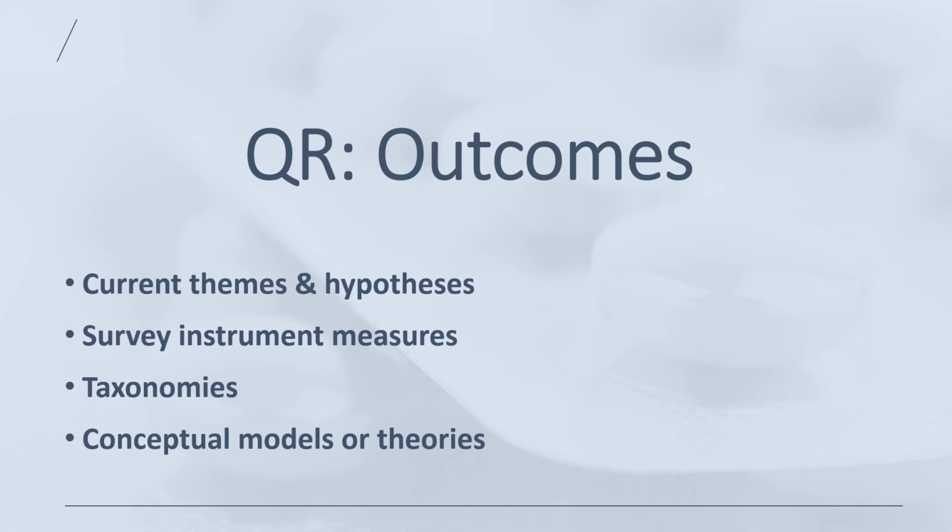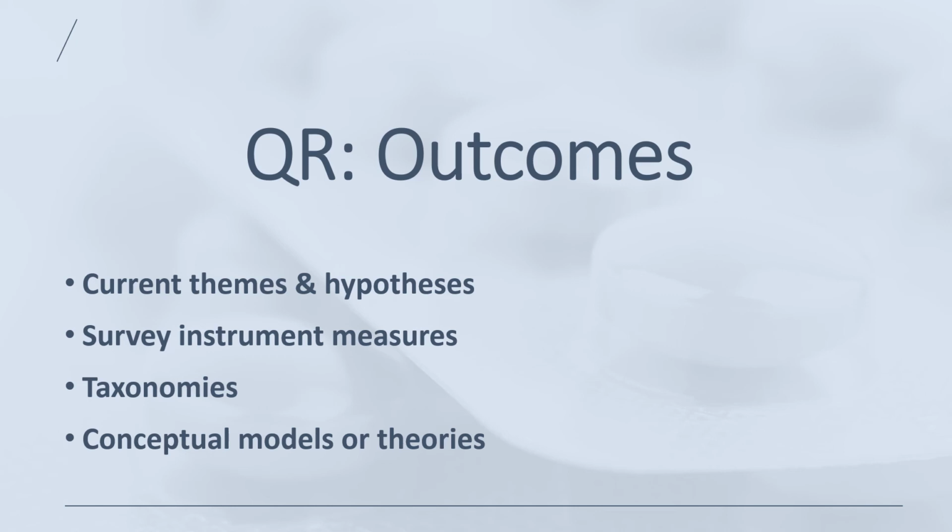Third, taxonomies, which are classification systems in order to identify essential properties of a particular concept. And fourth, conceptual models or theory. These are frameworks for helping us understand particular phenomena.